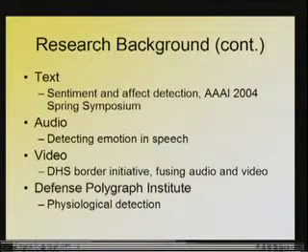Other researchers have been looking at detecting emotion in speech, or there are some current Homeland Security border security initiatives that are looking at video or trying to fuse information from both audio and video sources, say at a customs agent, so that through surveillance you could provide the agent some real-time indications that maybe there's some deception based on audio or video analysis.